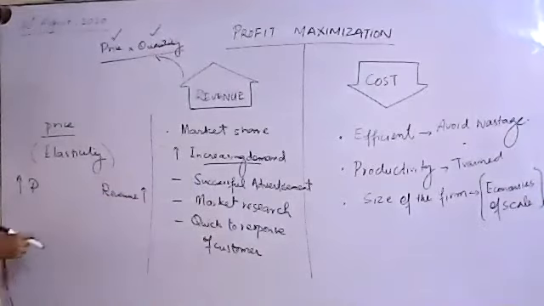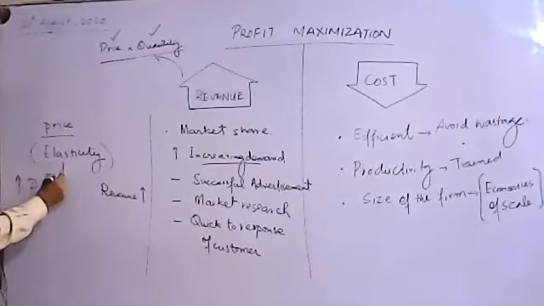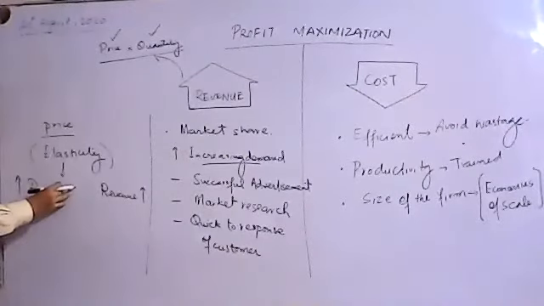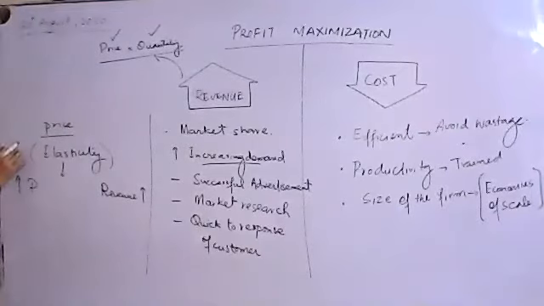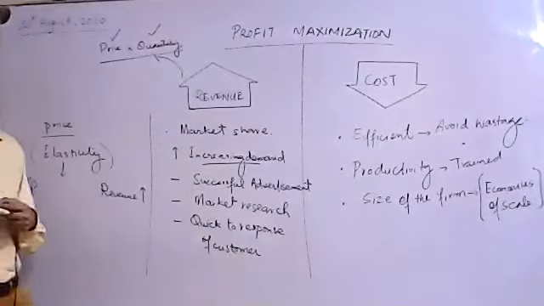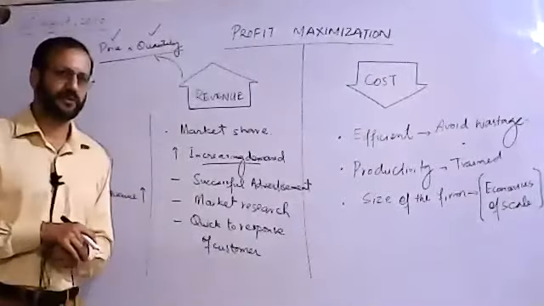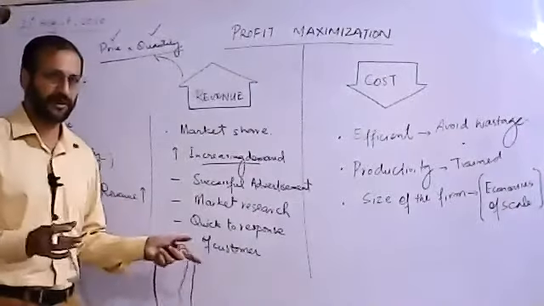Can you guess that? You need to find out what elasticity should be there, and what we will do with the price. Should we increase or decrease? You need to recall that lesson again, and you can refer back to the elasticity concept, which was previously discussed in the video lesson as well.